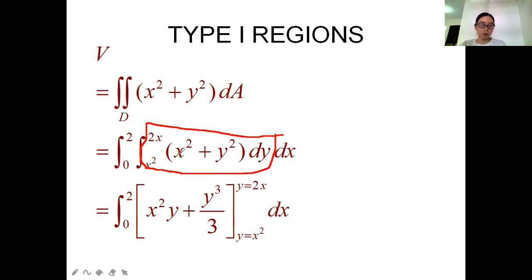applying the power rule of integration and letting x squared be a constant, we have x squared y plus y squared, or y to the power of 2 plus 1 over 2 plus 1, which is y cubed over 3, from the limit x squared to 2x.